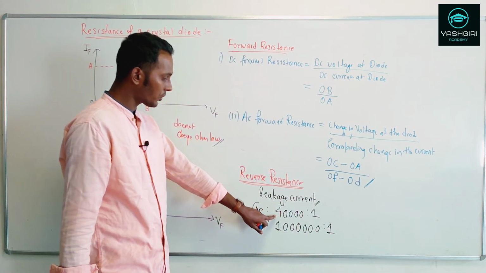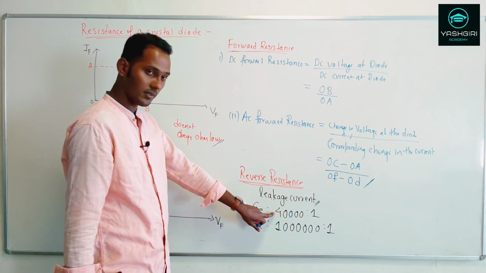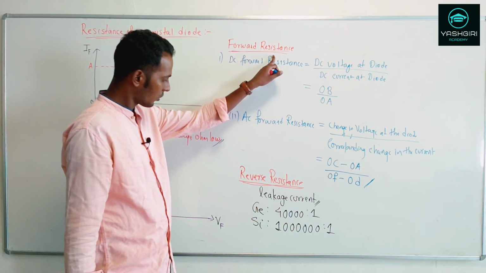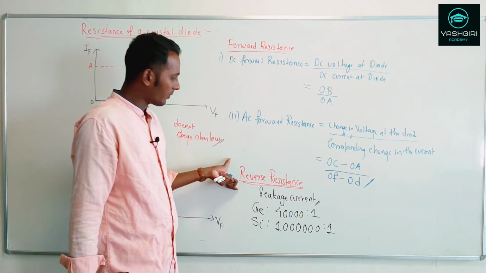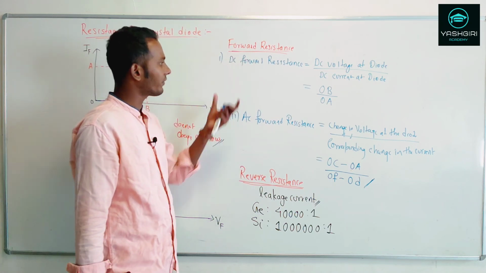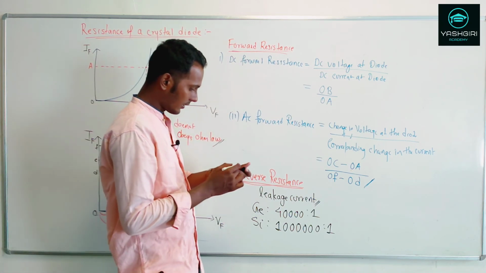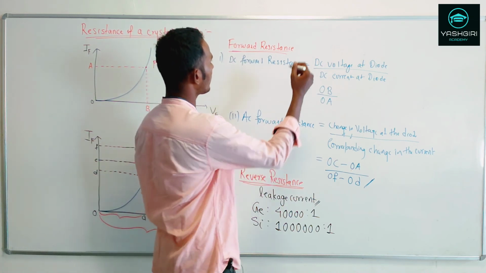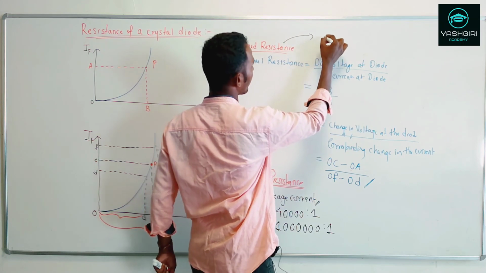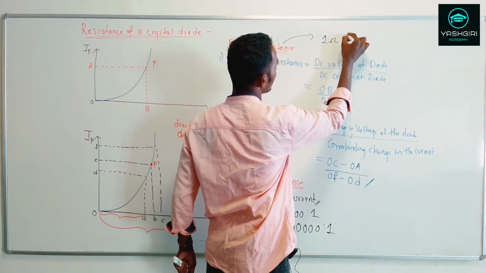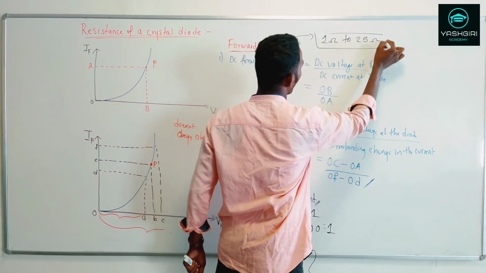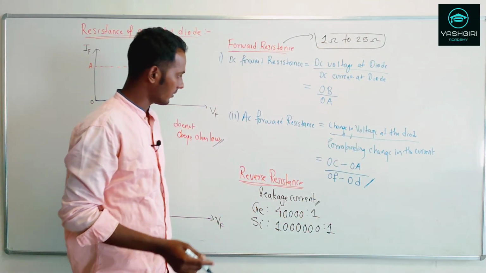So the reverse resistance is normally very, very high compared with the forward resistance. For the forward resistance, the range is from 1 ohm to something like 25 ohms.